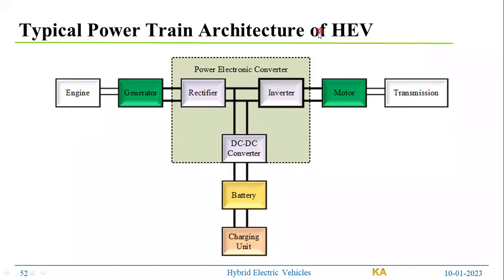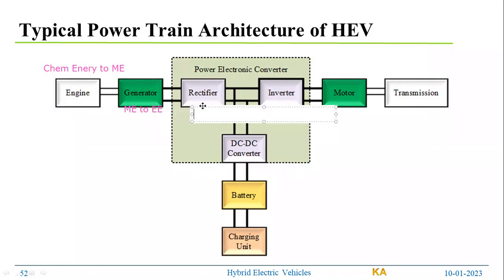So what is the basic functionality? The engine converts chemical energy to mechanical energy. Then the generator converts mechanical energy to electrical energy.